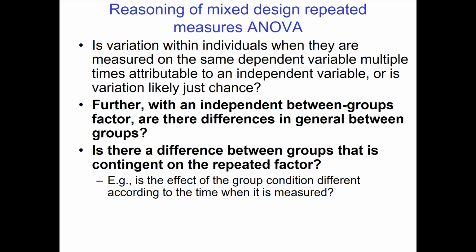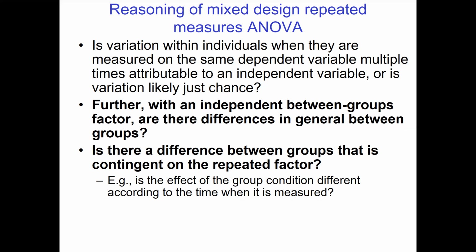So regardless of, say, time of measurement, which is just an easy thing to use as your repeated measure, it would be what you use in a longitudinal design, on average, across multiple times, is there a difference between the groups?